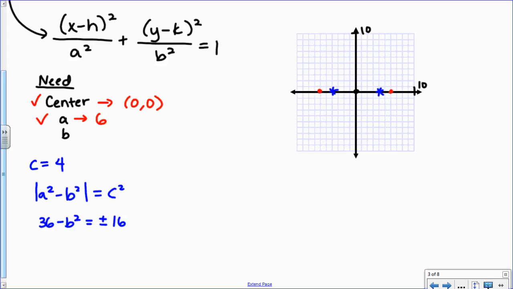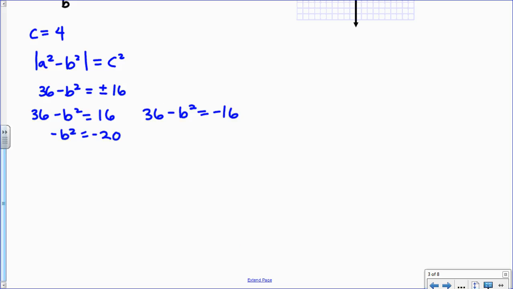Okay, so we have two different equations. We'll have that 36 minus b squared equals 16, and 36 minus b squared equals negative 16. Only one will end up working. So if you subtract 36 from positive 16, you get negative 20. Okay, so b squared equals positive 20.